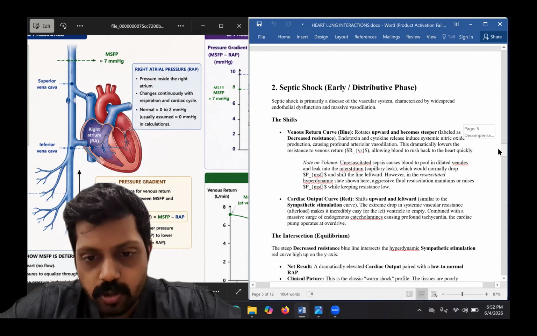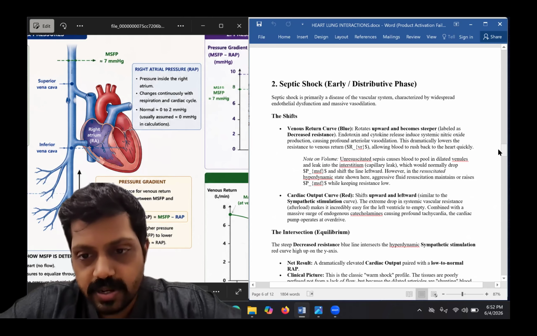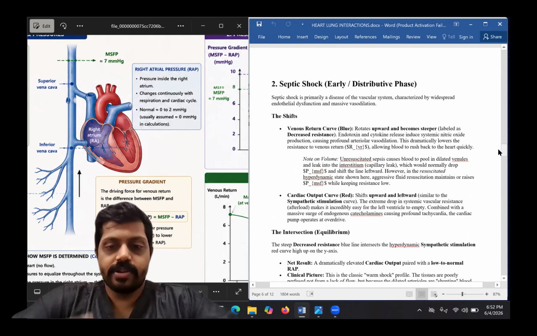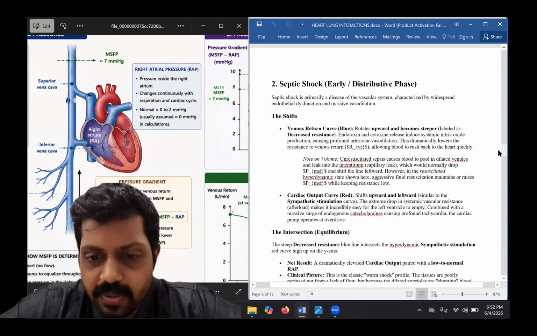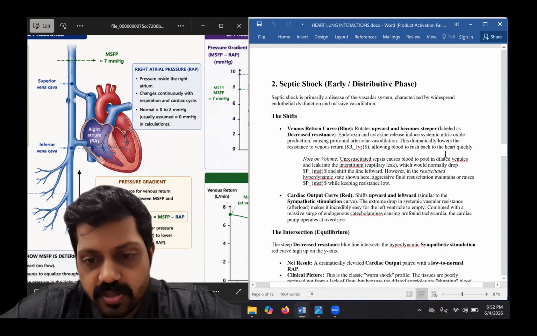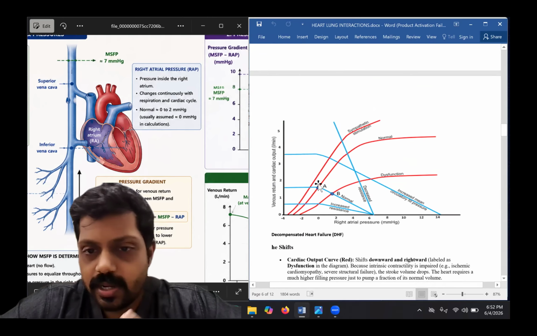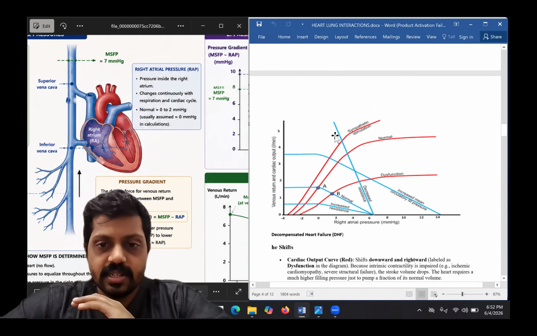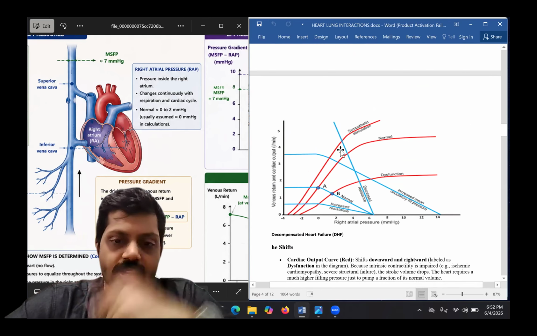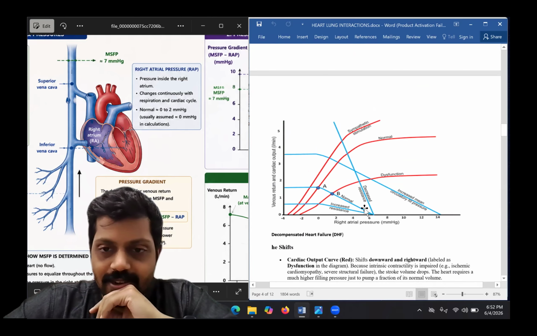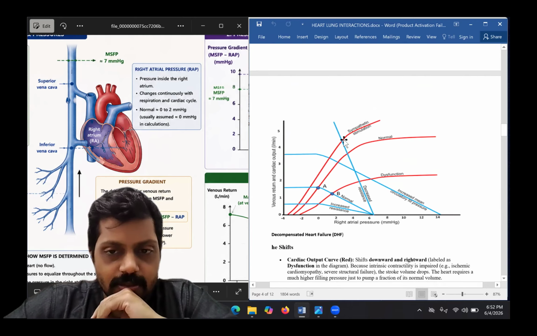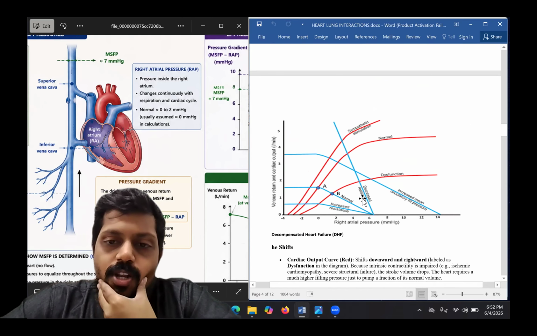There is something called the equilibrium intersection, where the venous return curve and cardiac output curve intersect. The net effect is that cardiac output is elevated with low to normal right atrial pressure. It can either be low if unresuscitated, or normal if adequate volume is there.